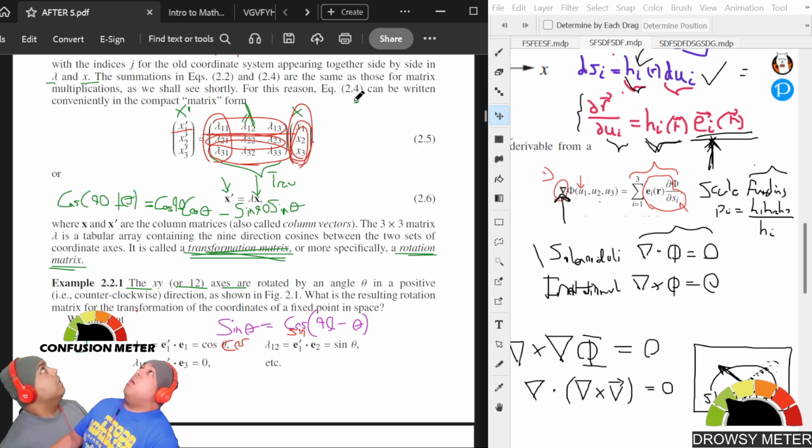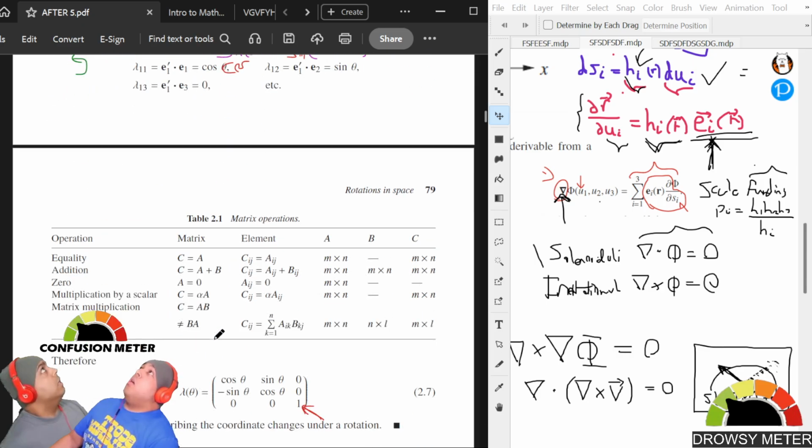I know cos 0 is 1, sine 0 is 0, sine 90 is 1, so this guy is 1 over here. Cos 90 is 0, so this guy is 0. So yeah, cos 90 plus theta is minus sine theta.